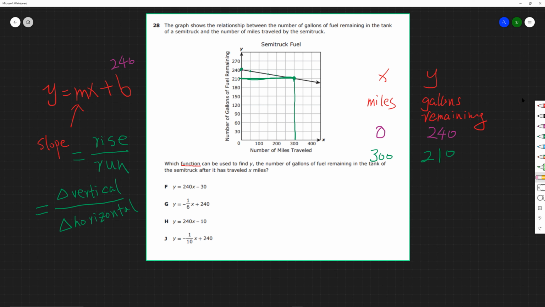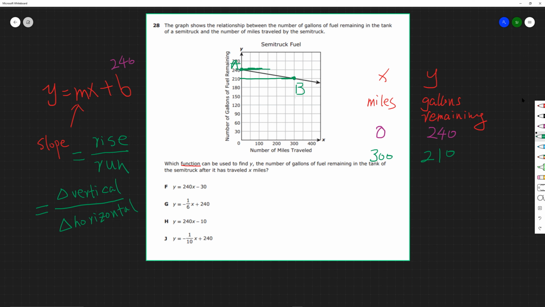So let's determine the vertical difference and the horizontal difference. Let's start from the vertical difference. Let's say this point is our point A, and this is our point B. The vertical position of point A is at this level, and the vertical position of B is at this level. So A is at 240 and B is at 210.